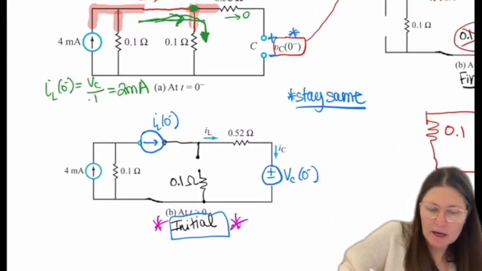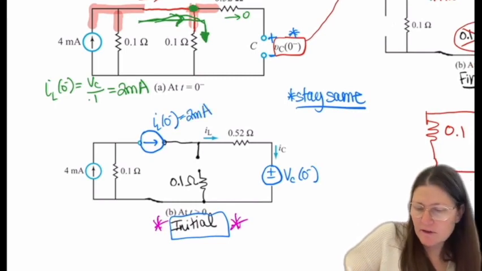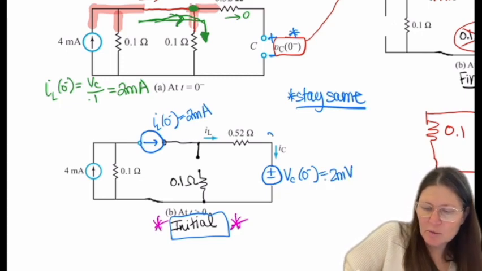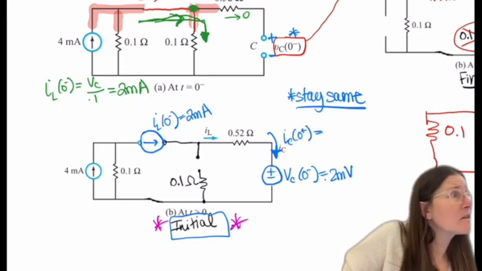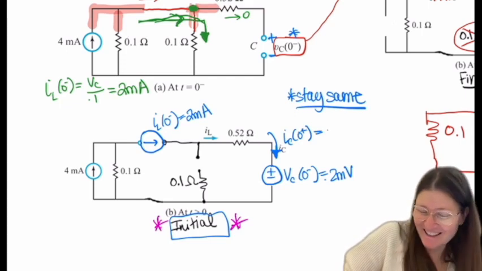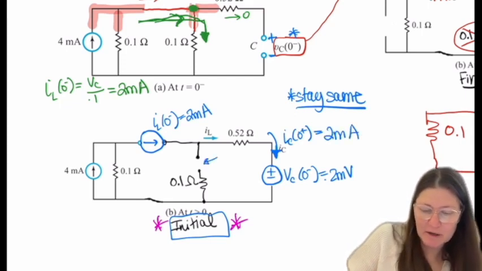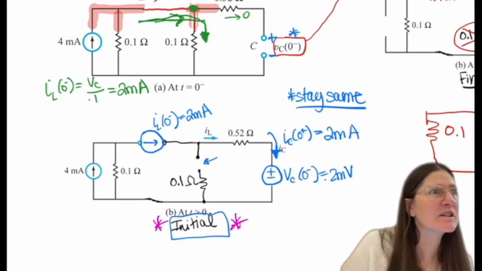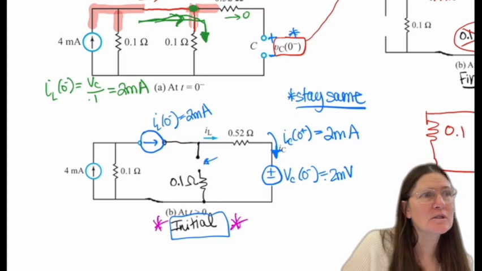So now I know that this value is 2 milliamps. This value is 0.2 millivolts. So what is my current now here? I hear you guys saying it, 2 milliamps, right? Because this becomes an open, all the current in that branch is forced by the current source, so that's all just 2 milliamps.